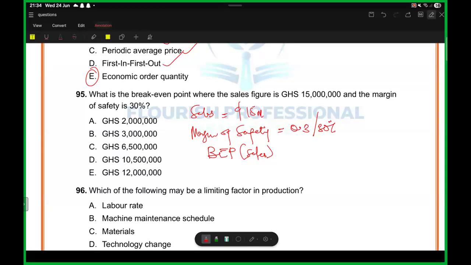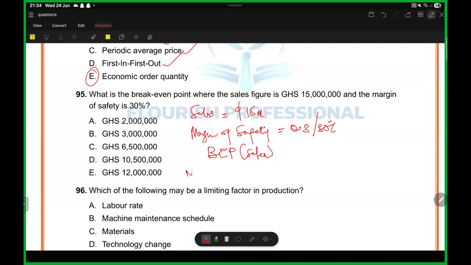Okay, there's no problem. So let me estimate this. Anytime you are doing that, we have to understand the relationship that exists between the break-even ratio and the margin of safety ratio.